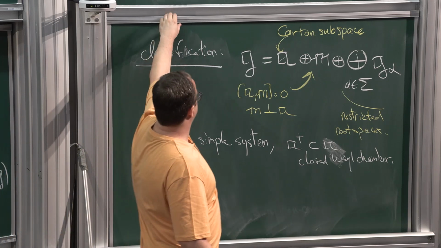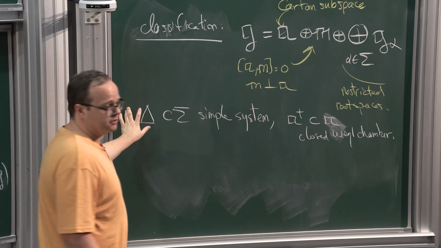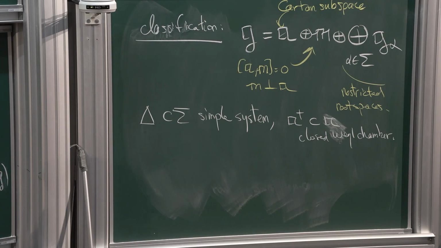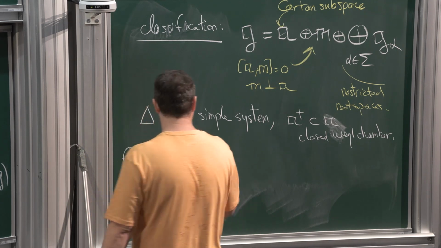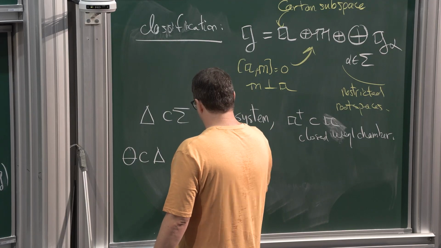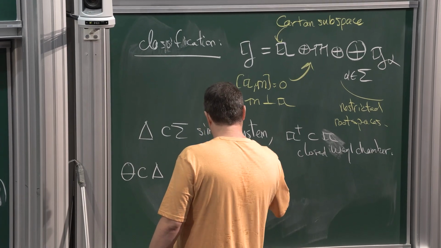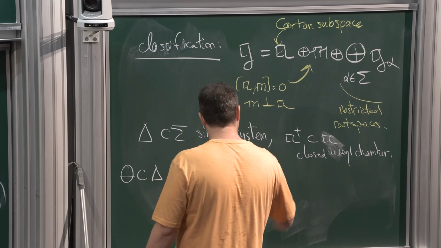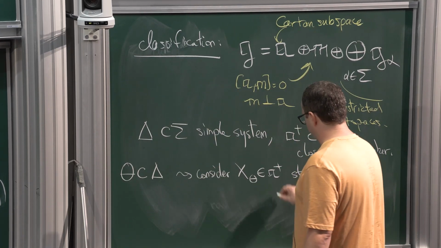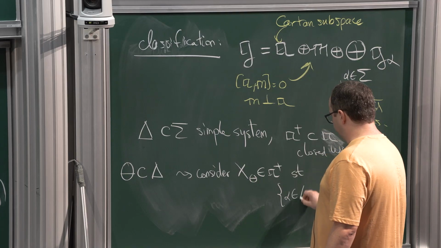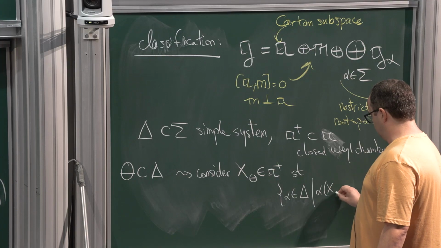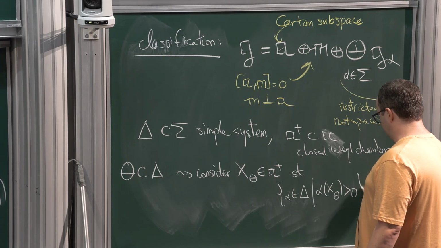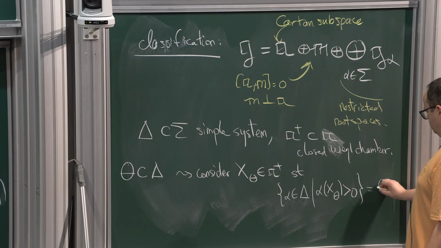Well, if you know about the theory of parabolic subgroups, you'll know that there is a correspondence between parabolic subgroups up to conjugacy and subsets of this delta, right? So if you have a subset theta in delta, what you do is you consider some x theta in A plus such that the set of simple restricted roots that are non-zero on x theta is exactly theta, right?